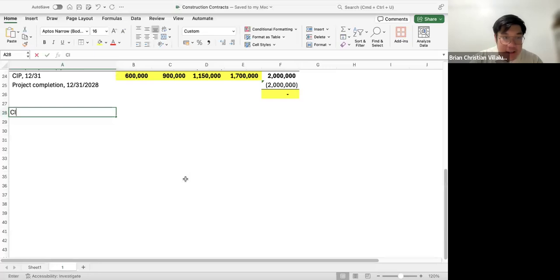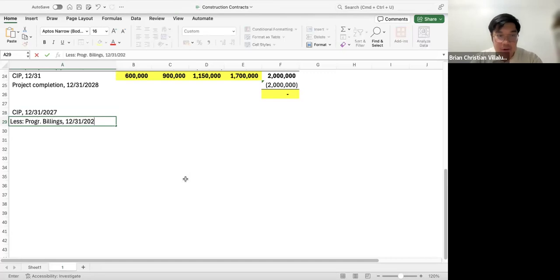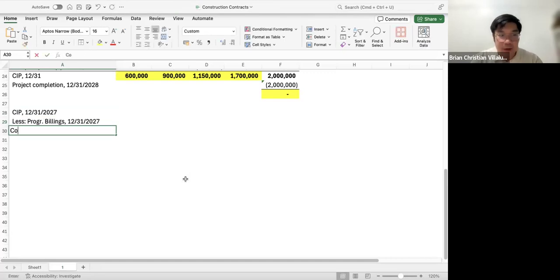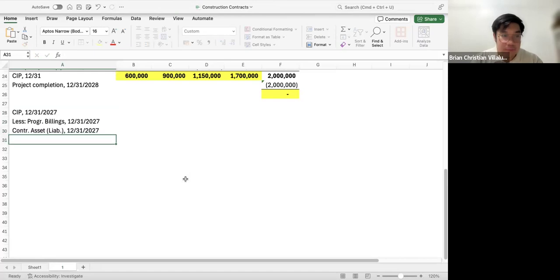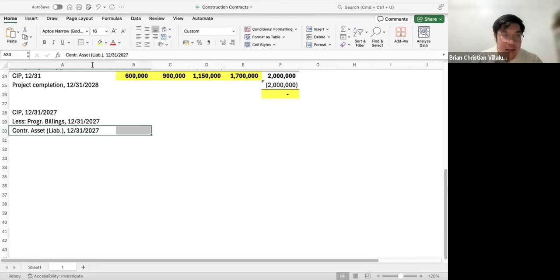That is equal to CIP ending, anong year ang binanggit? 2027, less progress billings on the same date also. So meron kang contract asset or contract liability.